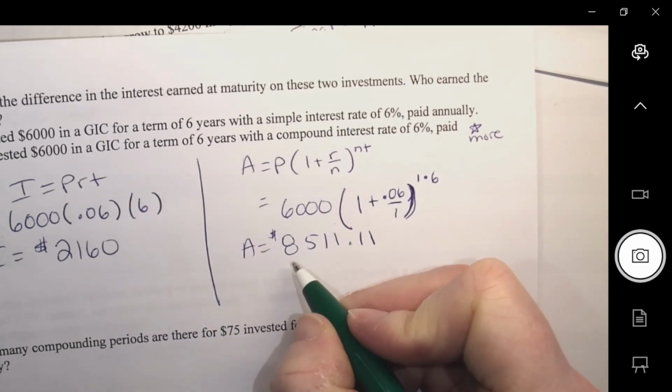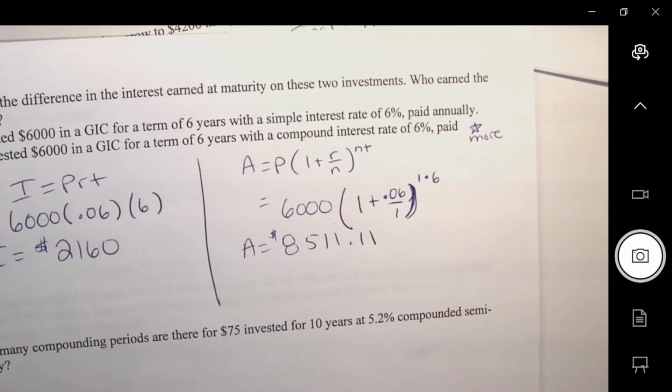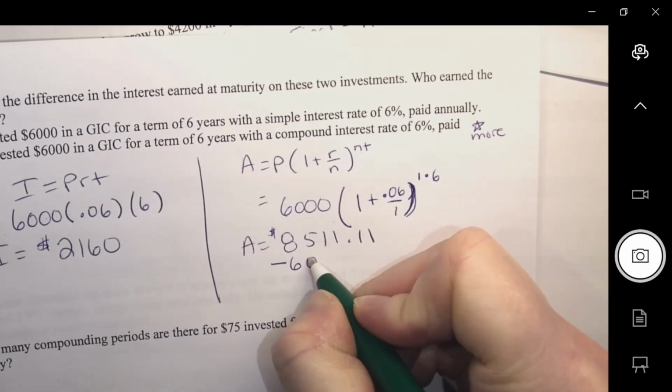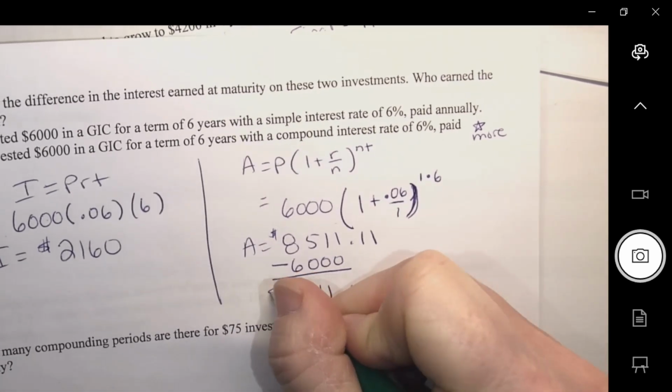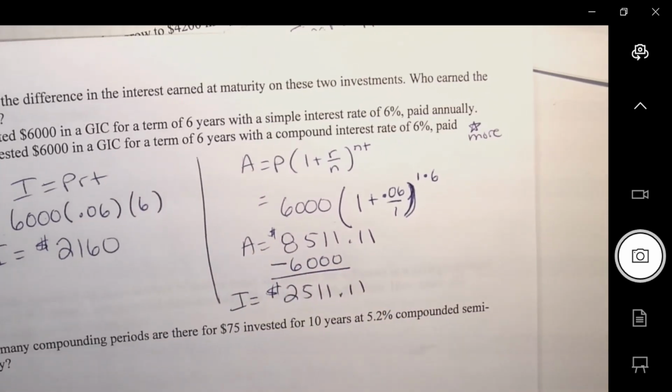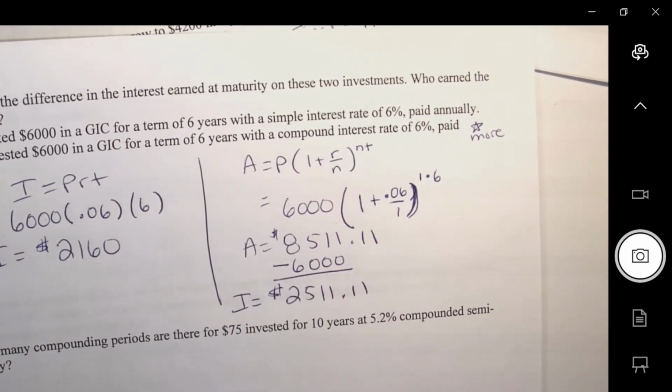So if this is our final, what did we write down on our cheat sheet? The interest is final minus the start. So we guessed correctly. The person that compounds is making more interest, right?